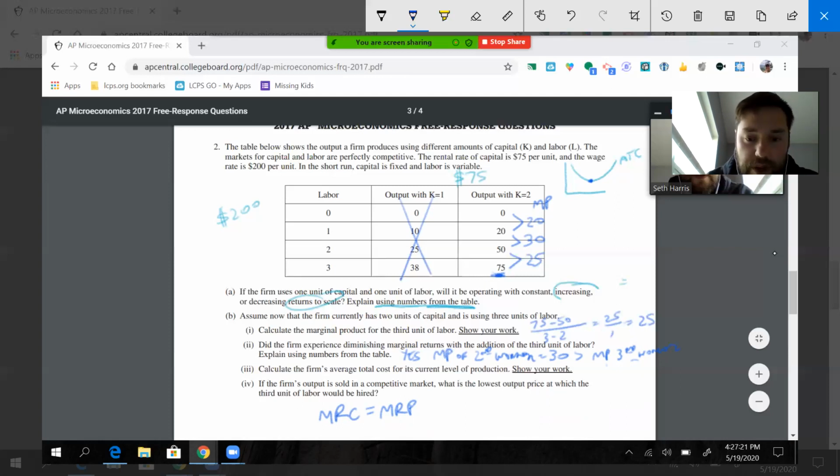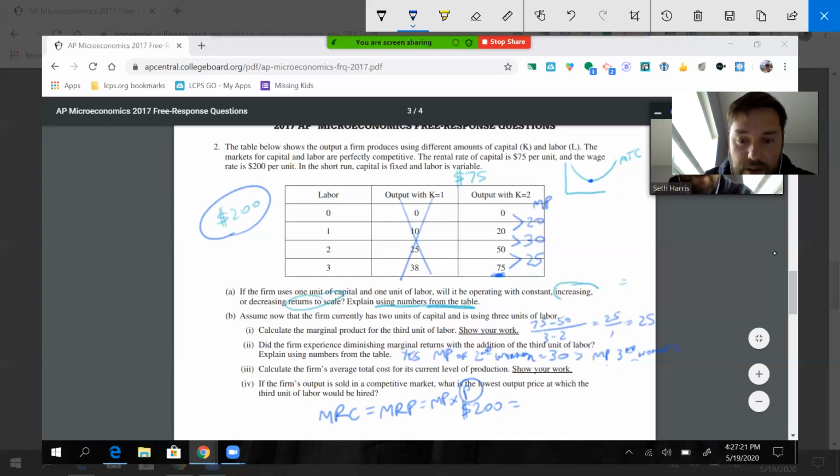Now, marginal resource cost in this case is $200 for every worker. That doesn't change from worker to worker. It's $200 for each. So the marginal resource cost is going to be 200, and the marginal revenue product, another way of saying that, is marginal product times price. What we're looking for is the price.